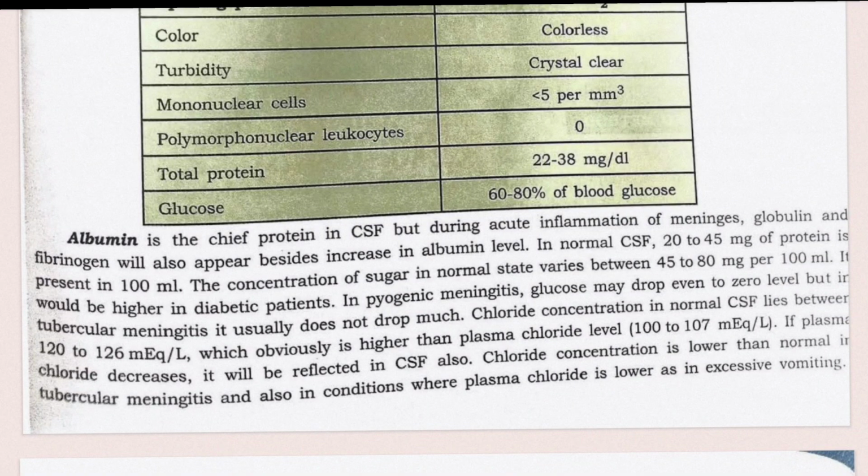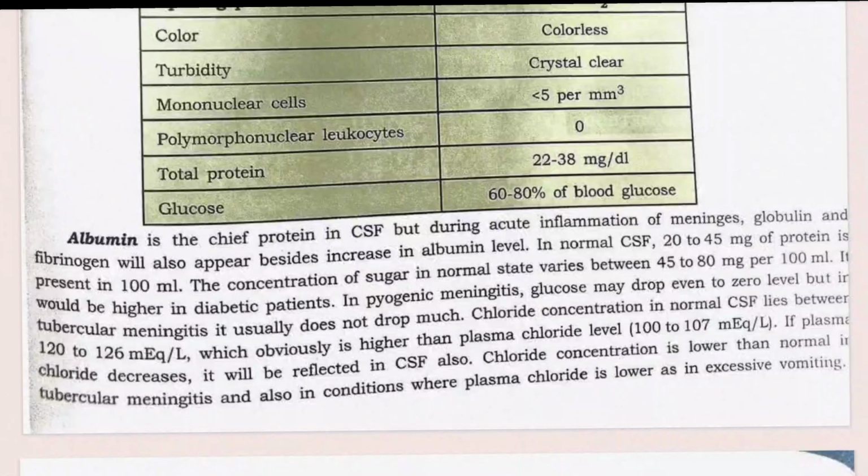The concentration of sugar in normal state varies between 45 to 80 mg per 100 ml. It would be higher in diabetic patients. In pyogenic meningitis, glucose may drop even to 0 level, but in tubercular meningitis, it usually does not drop much.